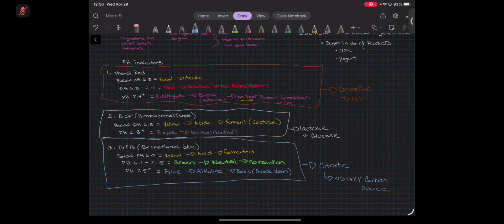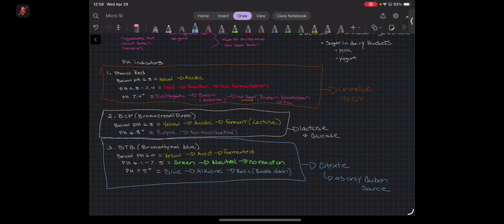That says as only carbon source? Yeah. So it did turn.